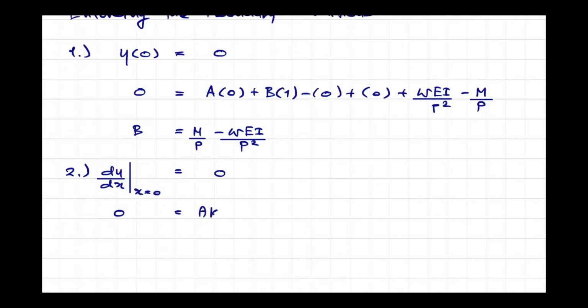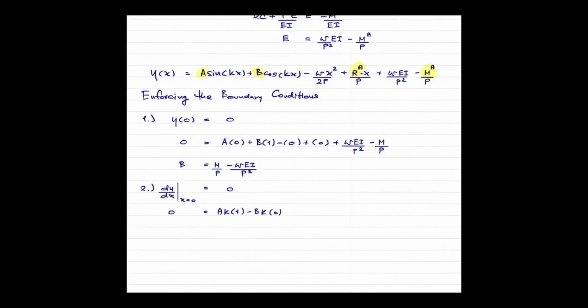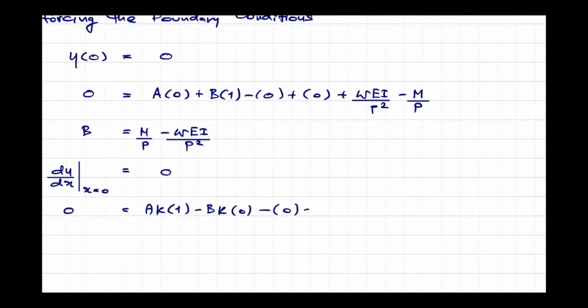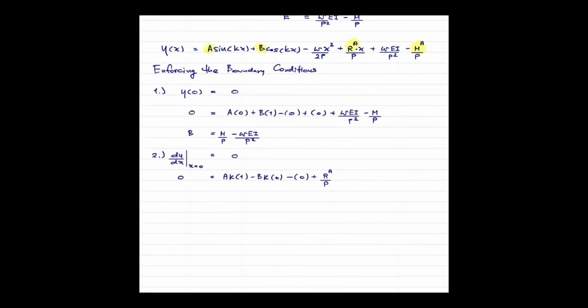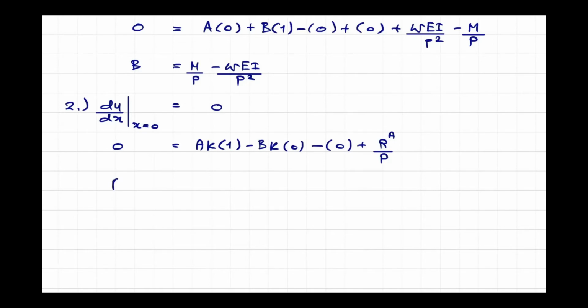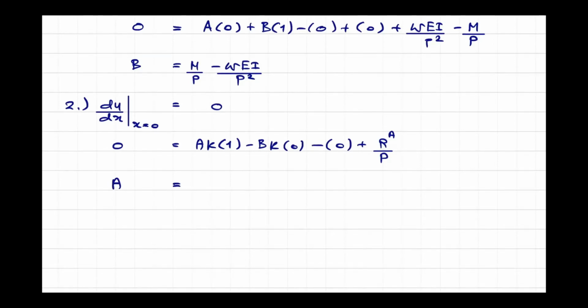A K 1 minus B K 0, and then 2WX, well, this is going to be 0, plus RA over P. That's it. So the A is equal to minus RA over PK.